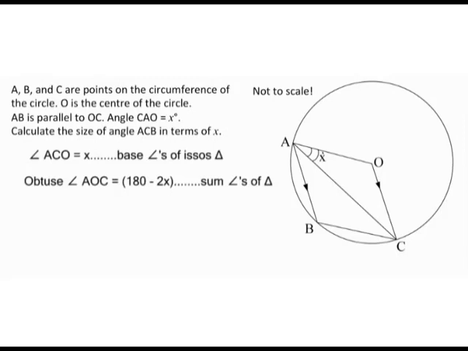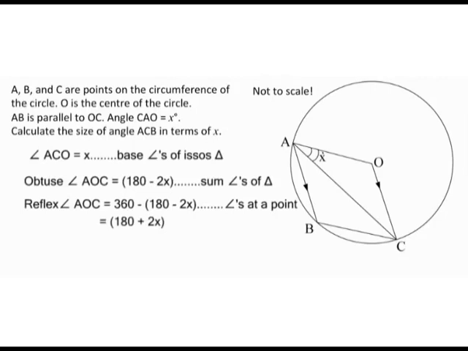We can now calculate the reflex angle AOC. Angles at a point add up to 360 degrees. We already have the obtuse angle of 180 minus 2x. The remaining is 360 minus (180 minus 2x). That should give us 180 plus 2x.